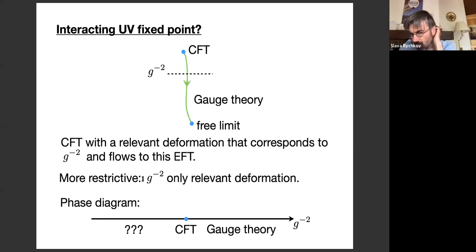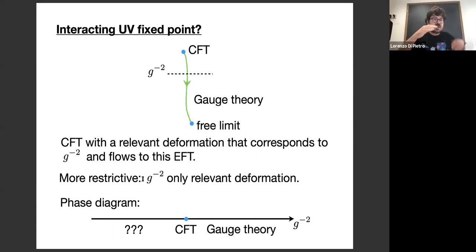Well, let's say it depends on the hierarchy between the two relevant couplings. Suppose that I turn on the gauge coupling much larger than the supersymmetry breaking mass. It's not fully rigorous what I'm saying, but I imagine that I first flow to a phase which is very similar to super Yang-Mills, and then the supersymmetry breaking deformation will be just a mass for, let's say, the gaugino, and then I just flow to Yang-Mills.